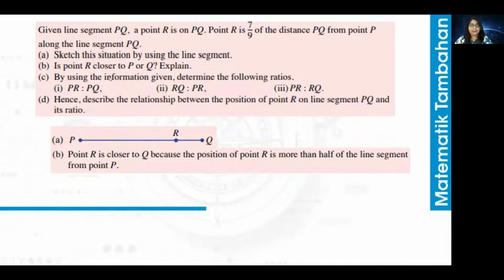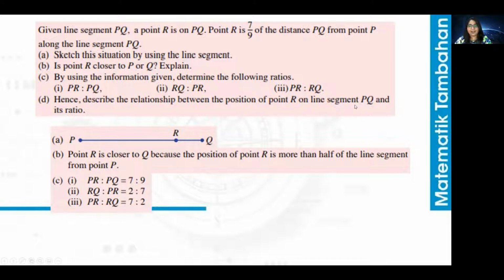Next, by using the information given, determine the following ratios. With the information given from the question, we know that the ratio of PR to PQ is 7:9, RQ to PR is 2:7, and PR to RQ is 7:2. Finally, describe the relationship between the position of point R on line segment PQ and its ratio.